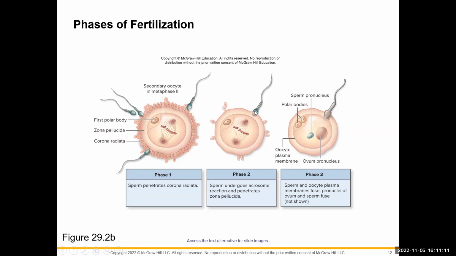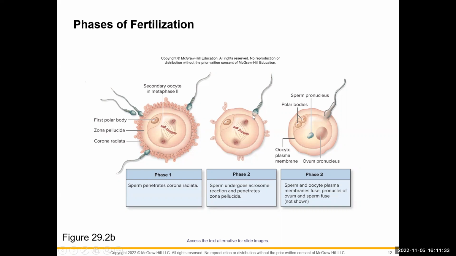And so that sperm that does that and embeds itself into the zona pellucida, now we undergo phase two, the acrosome reaction, where these digestive enzymes leak out of the head of the sperm here, and that helps it to make its way through the zona pellucida to penetrate that.